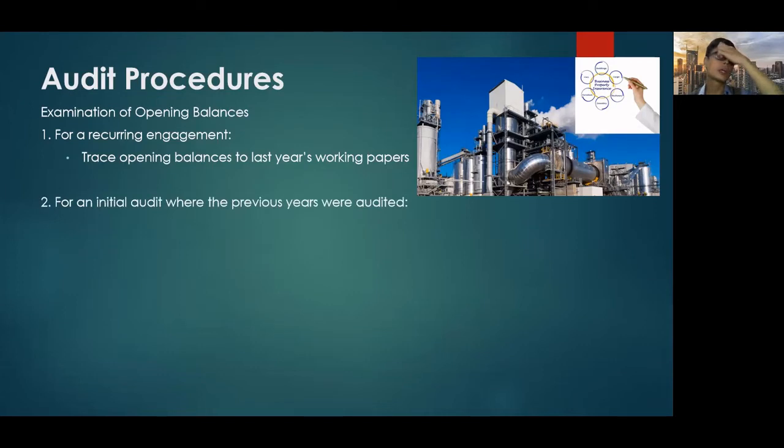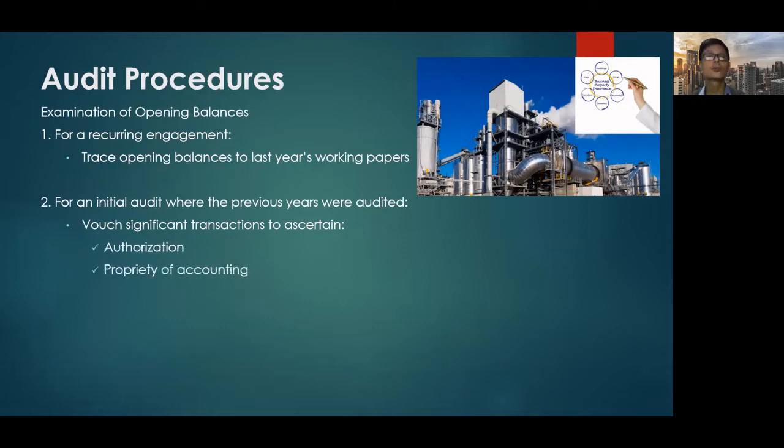And for an initial audit where the previous years were audited, vouch significant transactions to a certain authorization. So when you talk about vouching, you go into the source document and look at the authorization. Is this authorized by the board of directors?